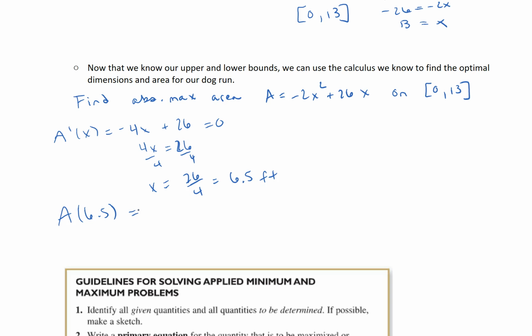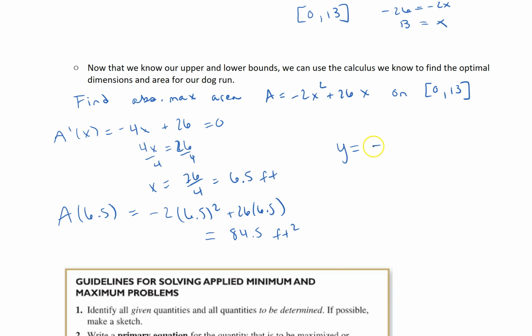It's not going to give you the y value. So that's going to end up being negative 2 times 6.5 squared plus 26 times 6.5, which ends up being 84.5 feet squared. So that's the area, but we do need to find y.